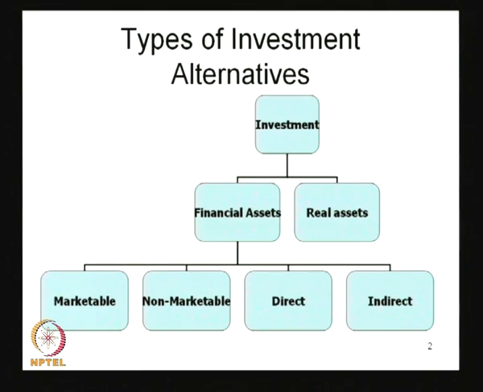If you see this chart, it talks about the investment alternatives. There are different types of investment alternatives, and this is how they can be categorized. Investment can be made on financial assets and also on real assets.